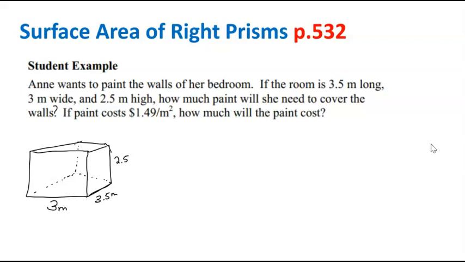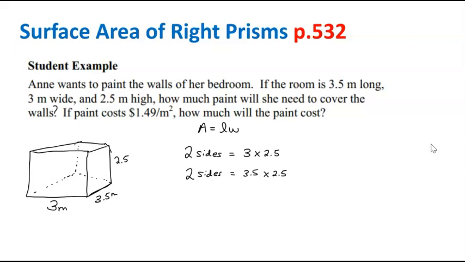We are dealing with rectangles here, and the area of a rectangle is length times width. So we have 2 sides that are 3 by 2.5, and we have 2 sides that are 3.5 by 2.5.